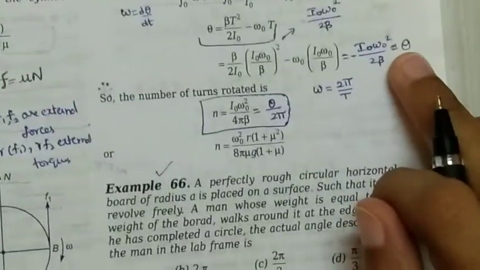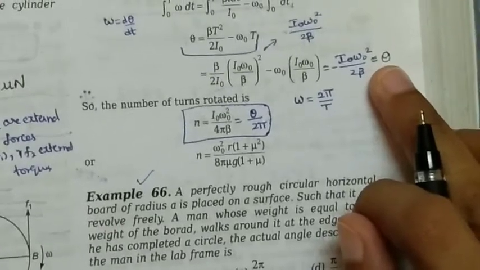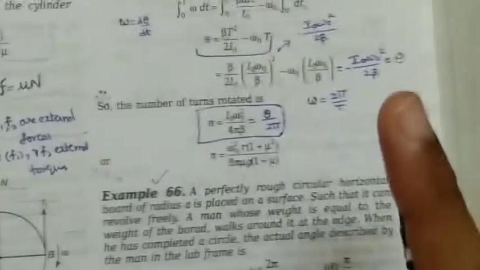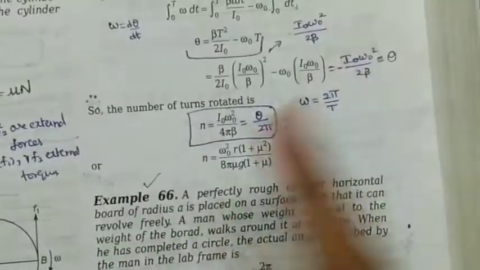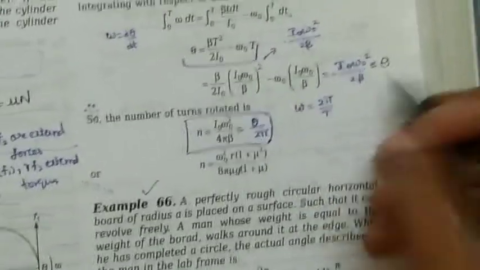And we know that for one complete rotation the angle is 2 pi. For one complete rotation the cylinder has to rotate 360 degrees, that is 2 pi. So if we divide theta by 2 pi, that is theta by 360.